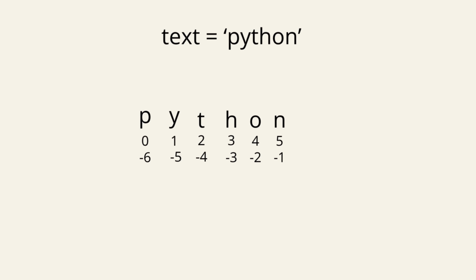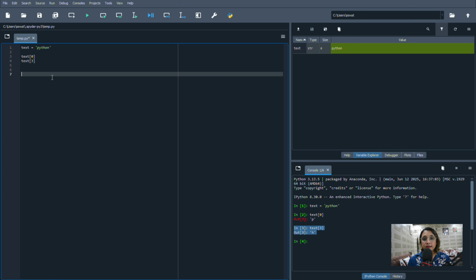Now, if you want to access the elements from the end of the string, Python makes that easy too, using negative indexing. As you can see on the screen, N is at -1 position, O is at -2, H is at -3 position, and so on. So now, if you want to access the string from the end, you can write text, square brackets, and -1.